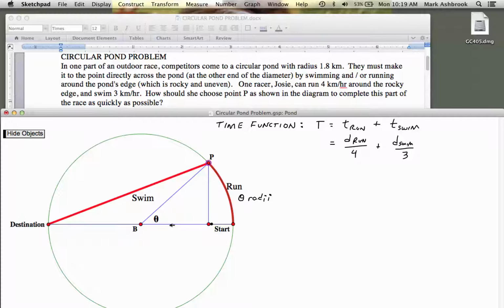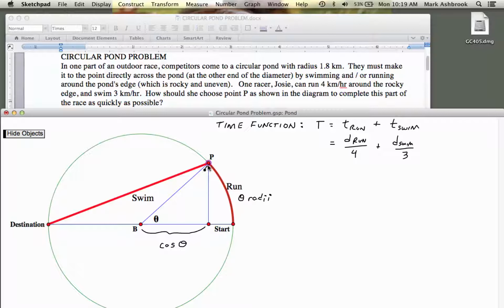This horizontal distance of point P measured in radii is by definition cosine theta. So if we took the radius of the circle and measured this fraction of the radius, this looks like something like 0.75 or 0.7 maybe, that would be cosine theta.